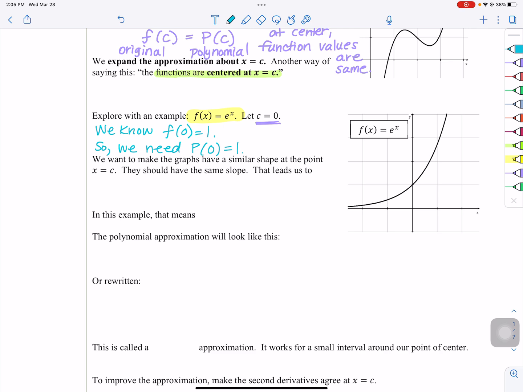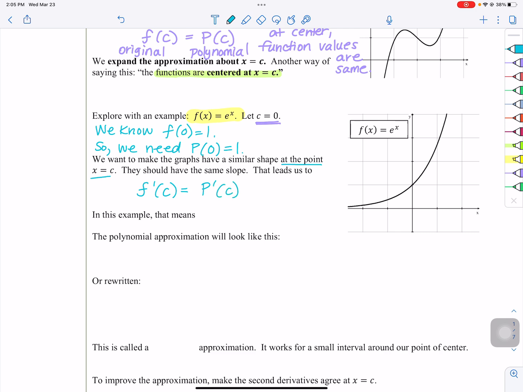We want to make the graphs have a similar shape at the point where x equals c. They should have the same slope at that value. And that leads us to the derivative at c needs to be equal to the polynomial's derivative at c.